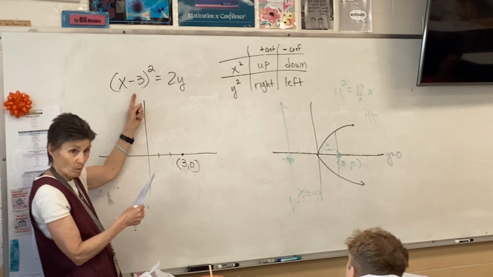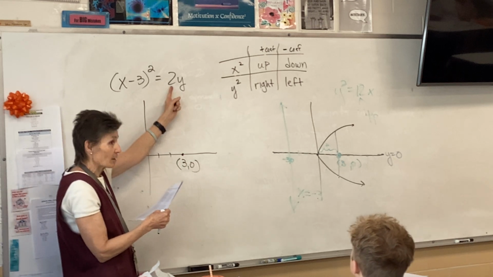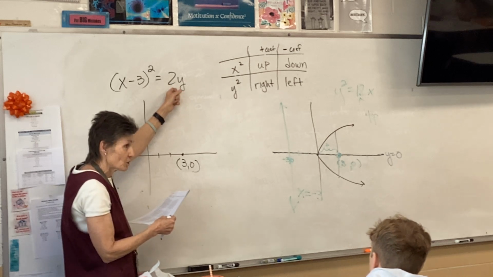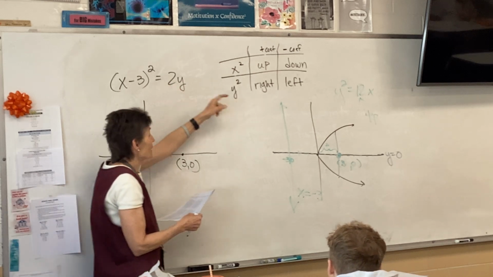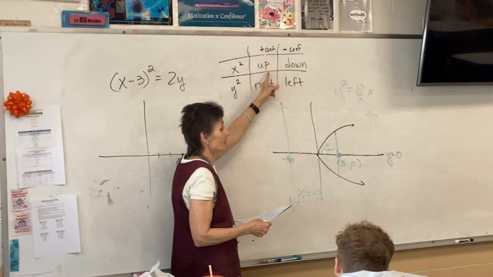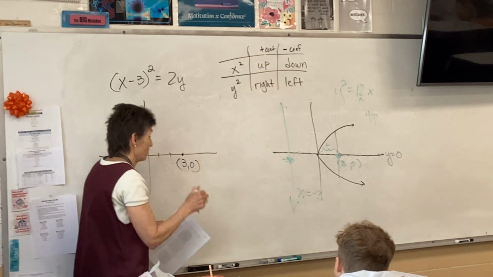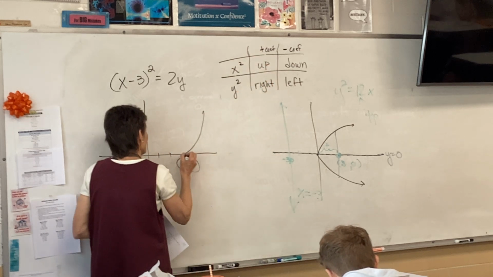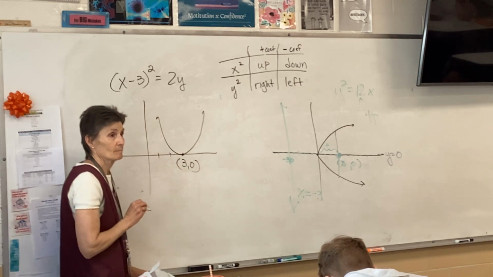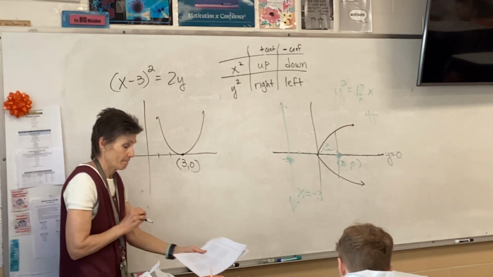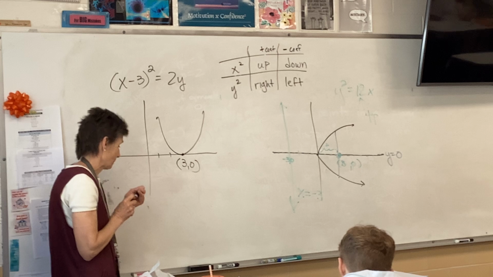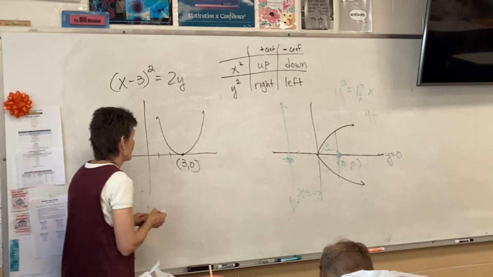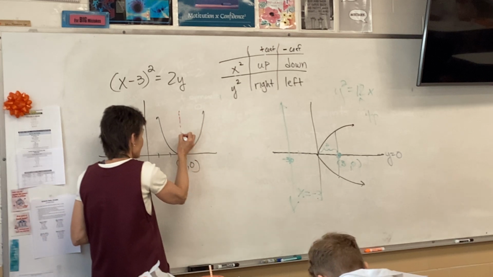Now it's an x squared, and that coefficient is positive. X squared positive opens up. So my parabola looks like this. Here is my axis of symmetry.